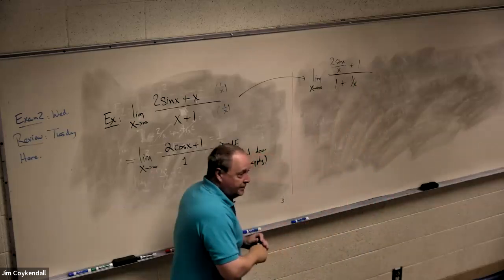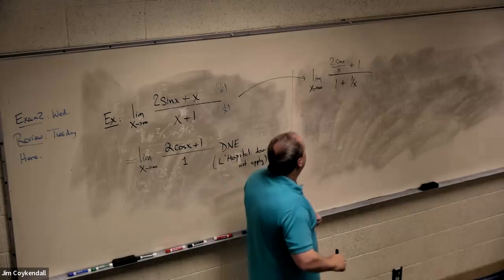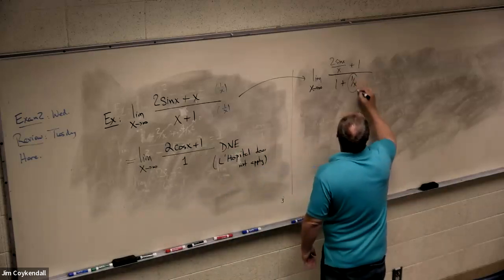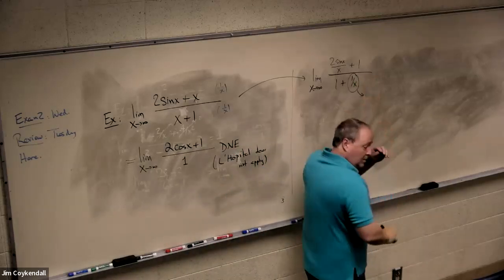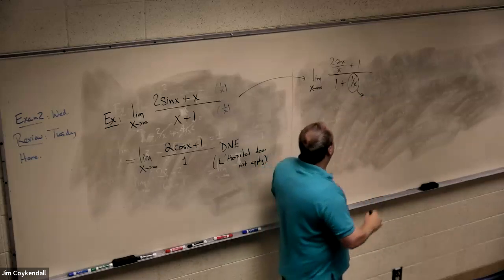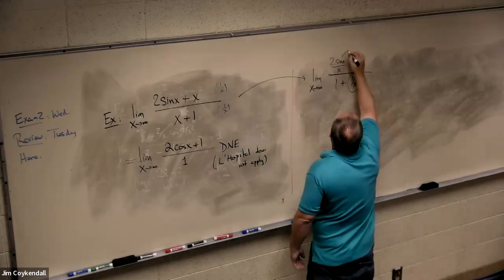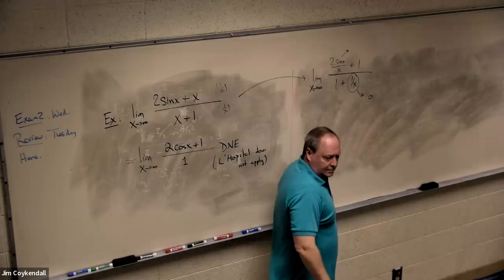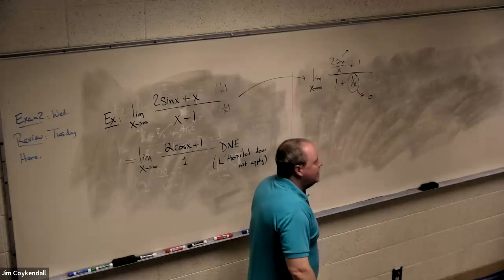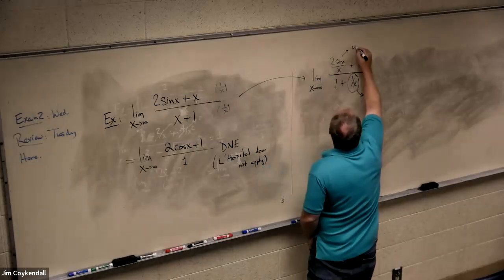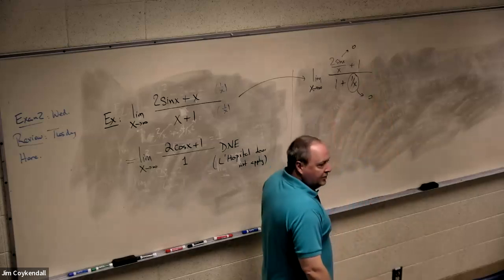Am I okay with that? Now, as x goes to infinity, where does this piece go? The 1 over x goes to 0. What about this piece? This also goes to 0. So you better remember why that piece goes to 0.